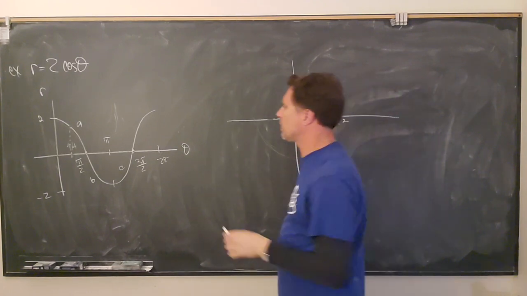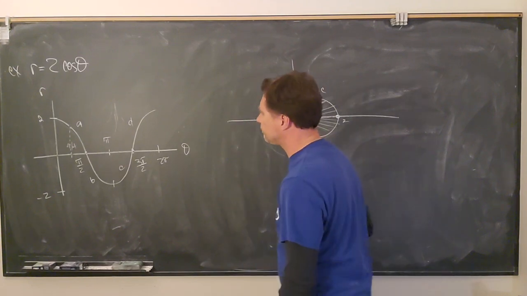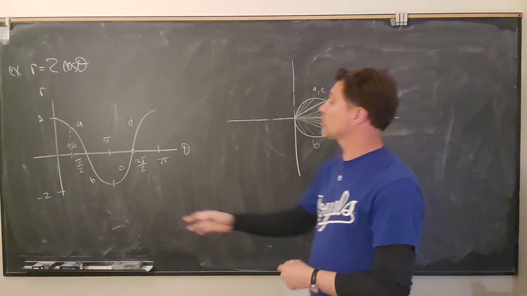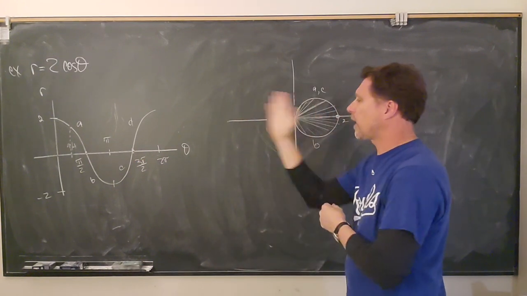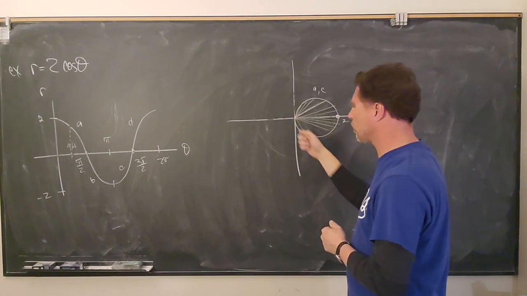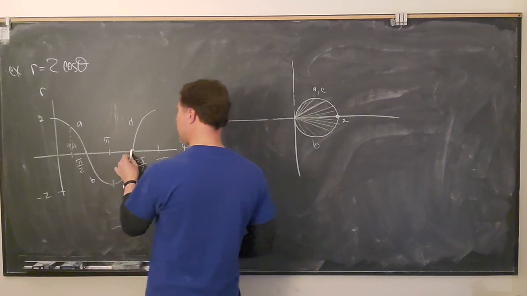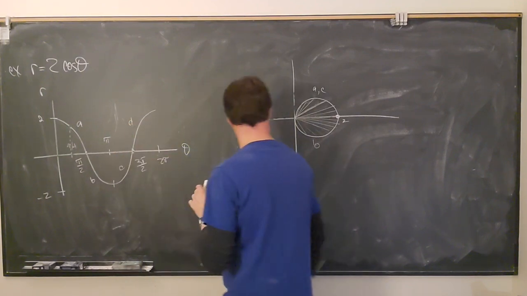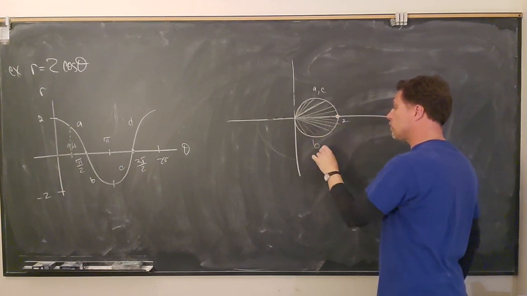And then you can probably guess what's going to happen for part D. As our angle goes from 3 pi over 2 to 2 pi, we're working in the fourth quadrant, and our radius goes from 0 increasing, increasing, increasing until we get to 2.